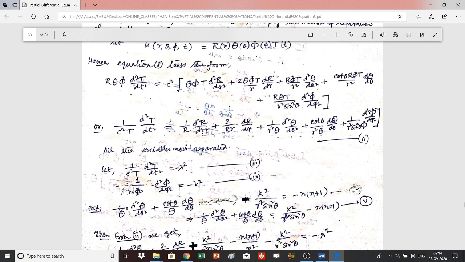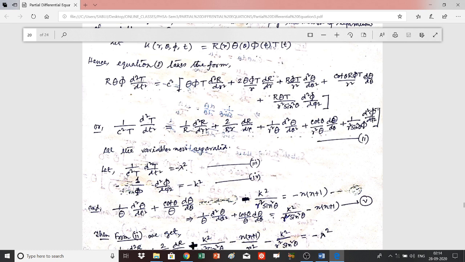Then also you can write these two terms, cot theta by r square, from these two terms, that is, 1 by Theta d2Theta by d theta square from here. Okay, then cot theta by Theta dTheta by d theta, this will be d phi square.